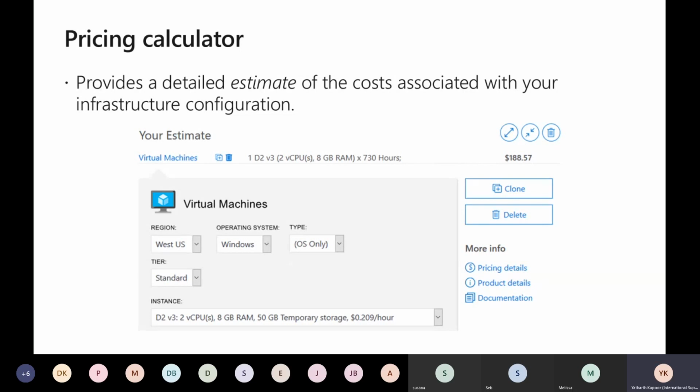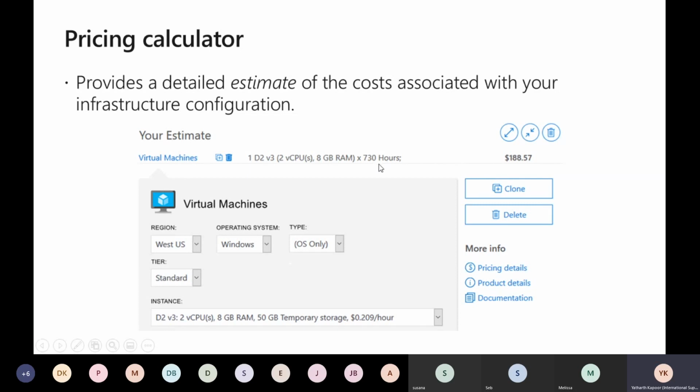How big the virtual machine is going to be, which operating system it is going to use, what the region is going to be, and how much RAM and CPU it has. All of this is going to incur a cost, and we have a really close estimate at that. So basically we can have this monthly estimate.